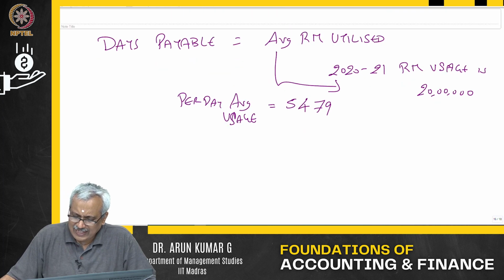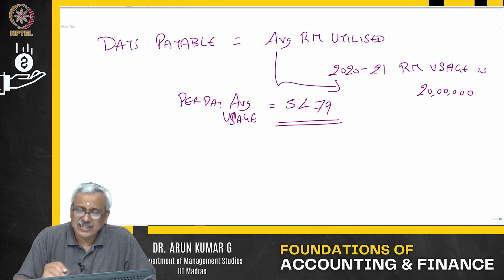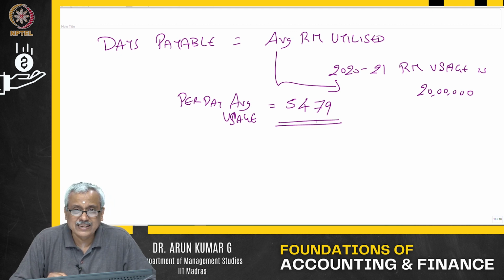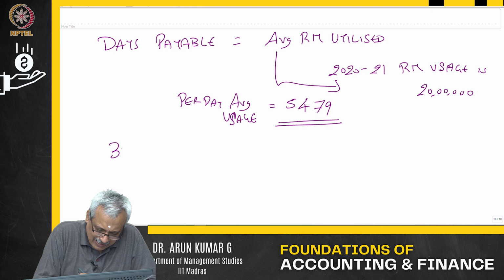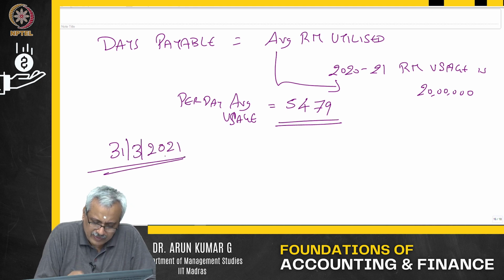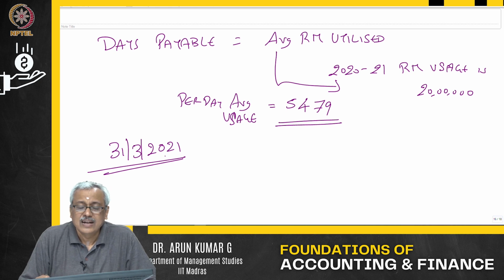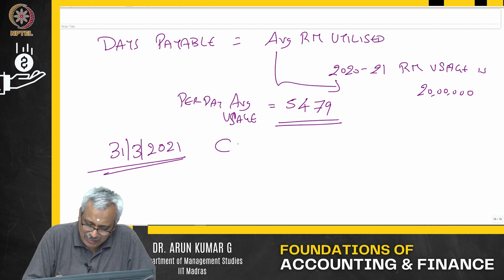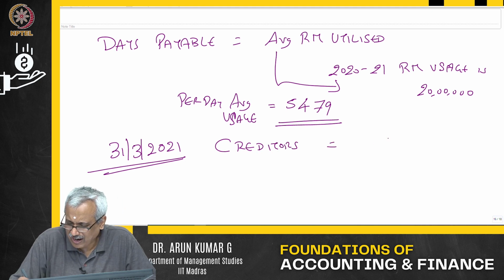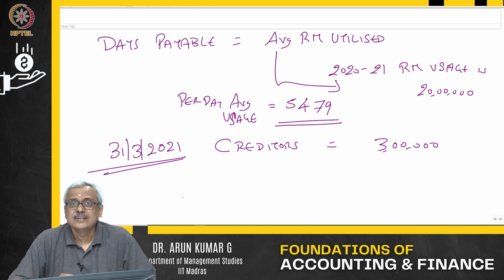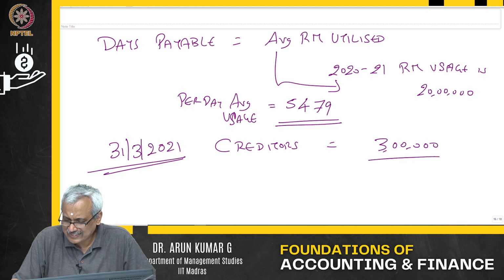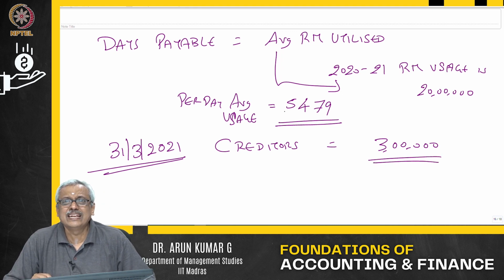Now, on an average, I use 5479 rupees worth of material, and in my balance sheet on 31st March 2021, I have my creditors to the extent of about 3 lakhs. That means this 3 lakhs of creditors is worth how many days of average material utilization?